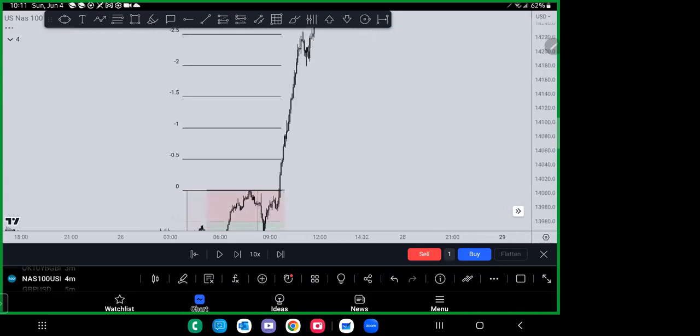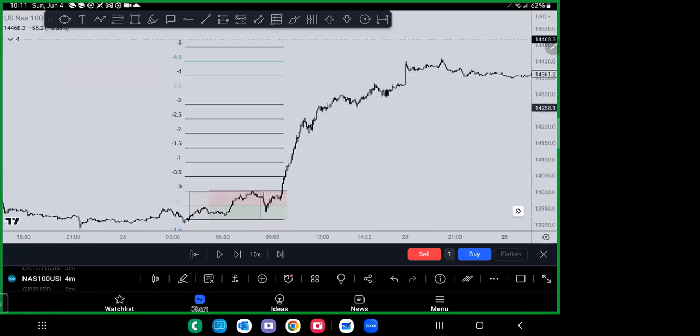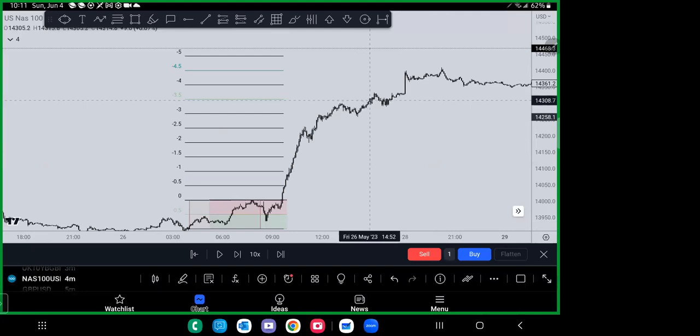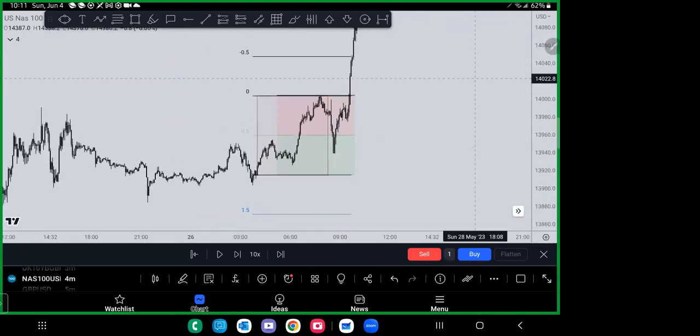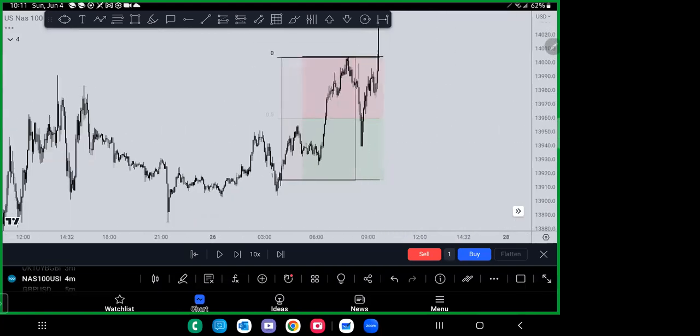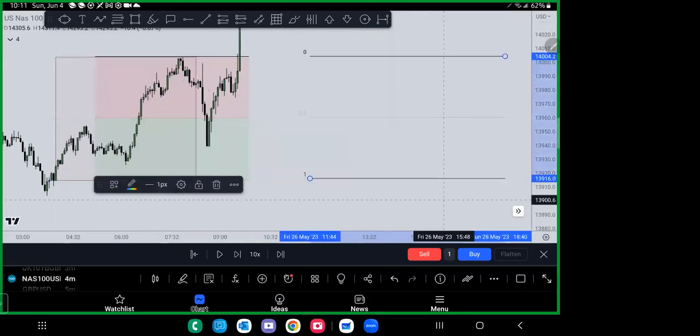All right, there's obviously something down here. 3 standard deviations, 1600. All right, cool. Is this range efficiently delivered?